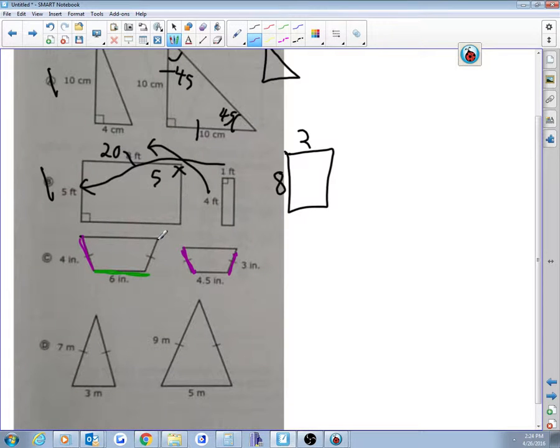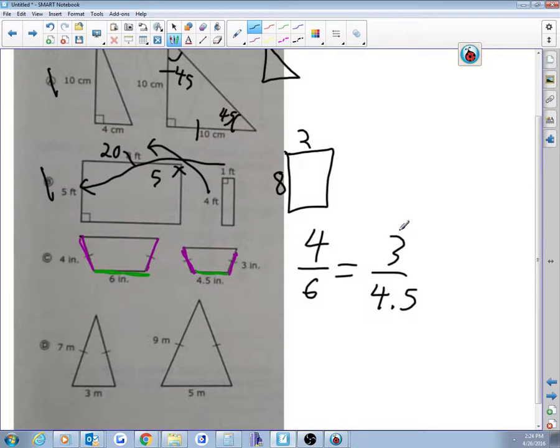And the green is corresponding with this 4.5. So there's a few ways we could set this up. We could say 4 over 6, which is purple to green on the big one, equals 3 to 4.5, purple to green on the smaller one, I'm sorry.